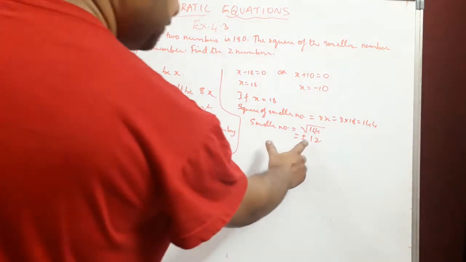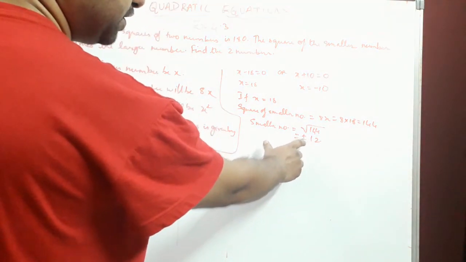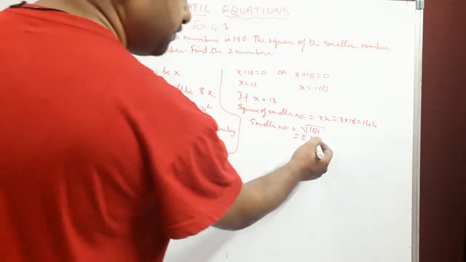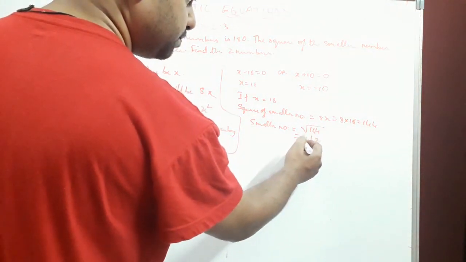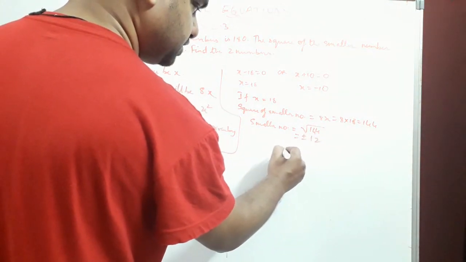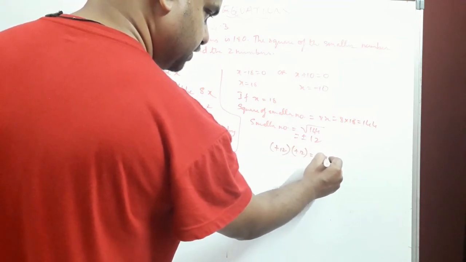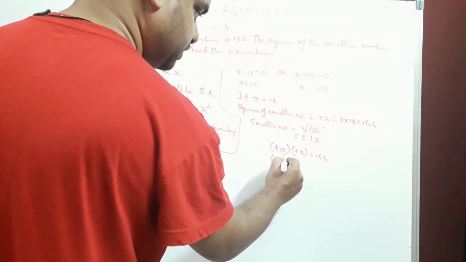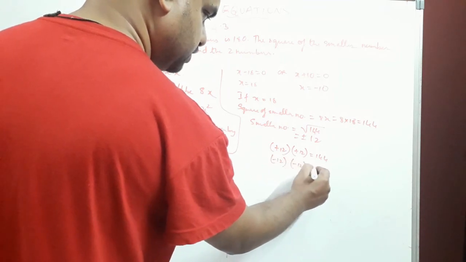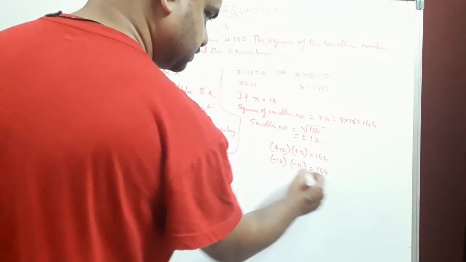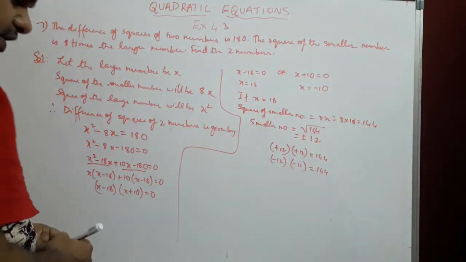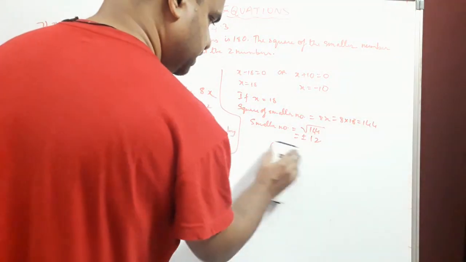Why have I written plus or minus? Why not just positive? Because when we square this, positive 12 into positive 12 will give us 144. But also negative 12 into negative 12 will also give us positive 144. So we do not know whether it's positive or negative. Hence we write positive and negative.